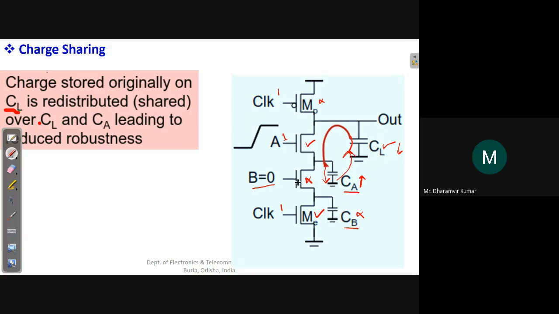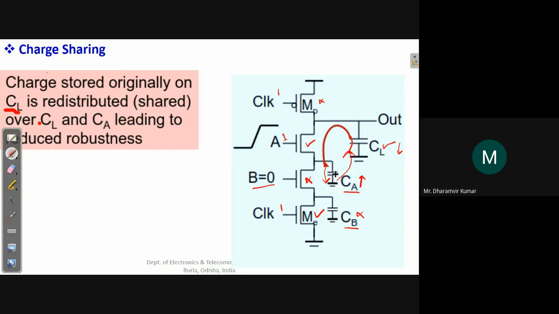But under this condition, A can be 1 and B can be 0, it is possible. So this path is not available because this is off. If this is off, this output node should be maintained at logic 1, logic high. It should have full charge, which was available to it during the pre-charge phase.